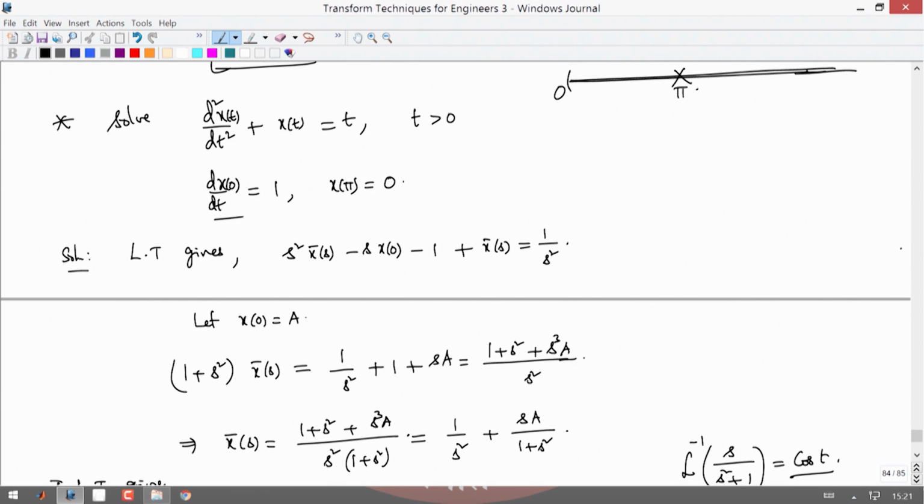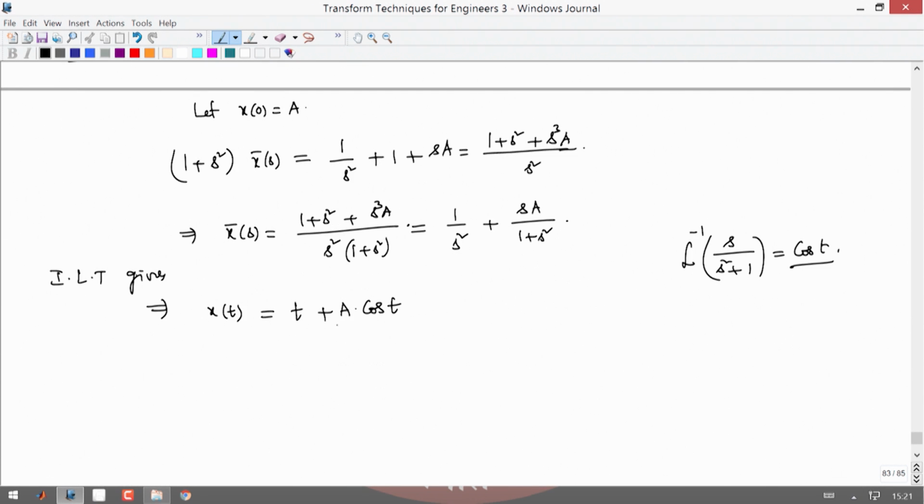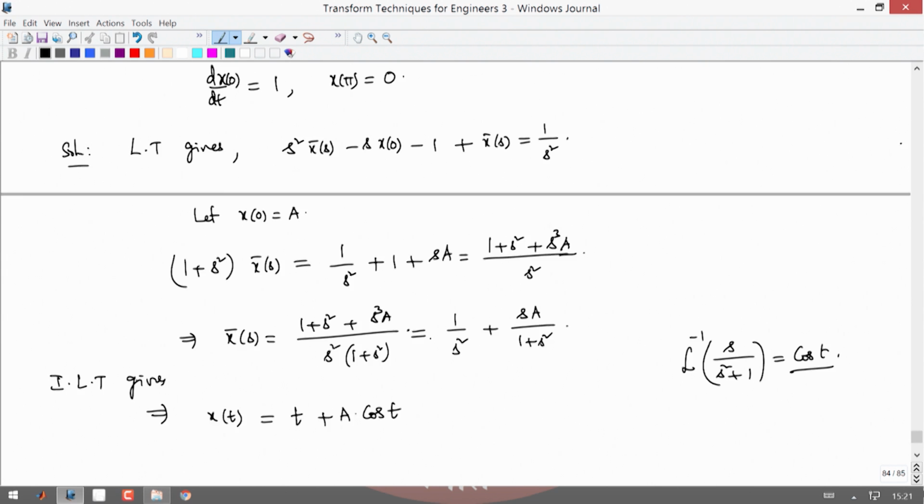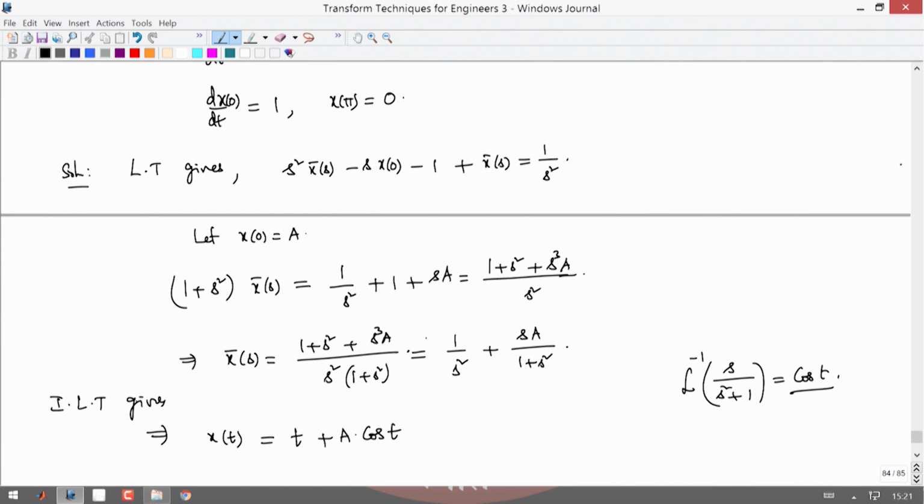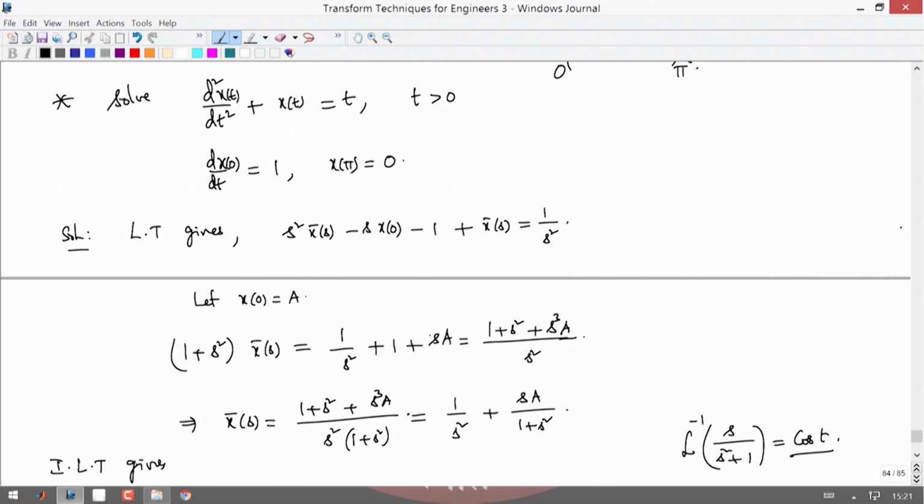So far I used only this condition, but I did not use this one. So, I use this one to get rid of this a. The initial value theorem we cannot use, because x of 0 is not known, it is still an unknown.